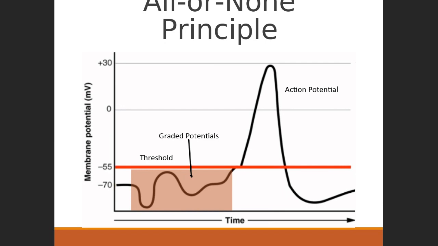So anyway, to get us back on track, look at how these graded potentials could change. And as long as we don't hit threshold, nothing's going to happen. Any graded potential that goes from resting and approaches threshold, we're going to consider excitatory.